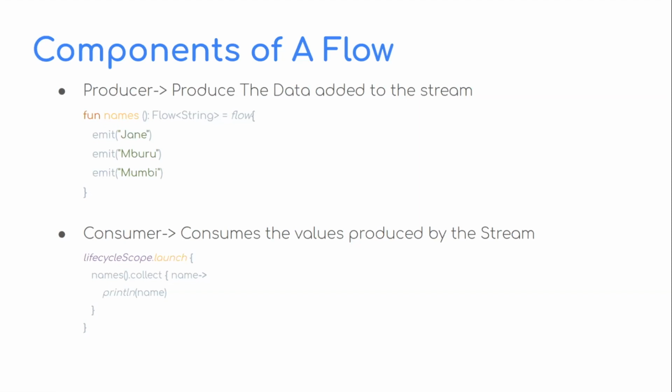In an Android context, a producer can be our backend or our remote data source that emits a list of users. Another example, a UI can also be a producer, because we can get data from the user and use that data to fetch or to do some other operation.